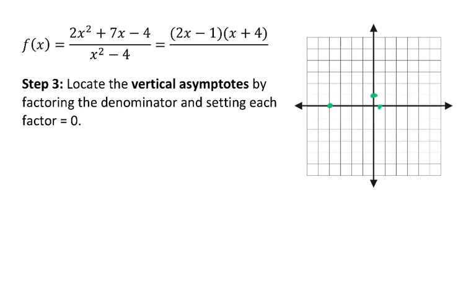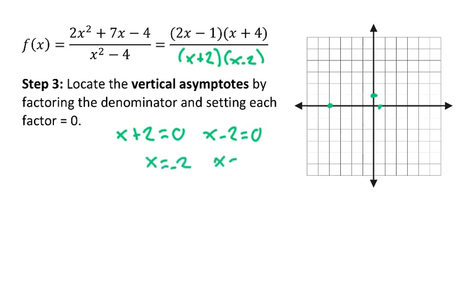So just like in step 2, to find the x-intercepts, you factor the numerator. In step 3, you factor the denominator. Now the denominator is nice. It's a difference of 2 squares, so we know that that will factor as x plus 2, x minus 2, and setting the 2 factors equal to 0, we get negative 2 and positive 2.